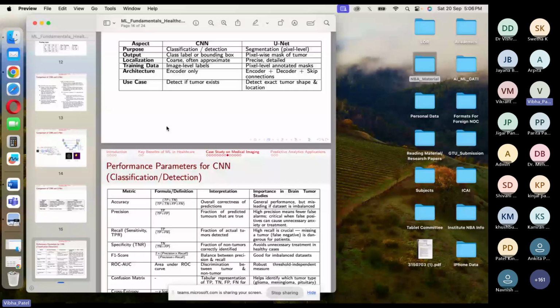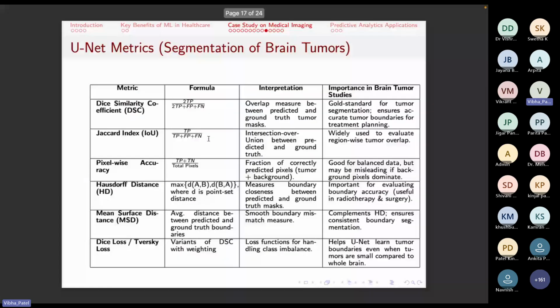Apart from this, I'll take it a bit faster so that we can complete it in the time limit. Apart from the parameters like recall and precision, which were highlighted earlier, and specificity and accuracy, which can be used for U-Net as well, the important metrics that one should use in a U-Net model are the dice coefficient, which is the measure of overlap, Jaccard, dissimilarity, HD, and MSD.